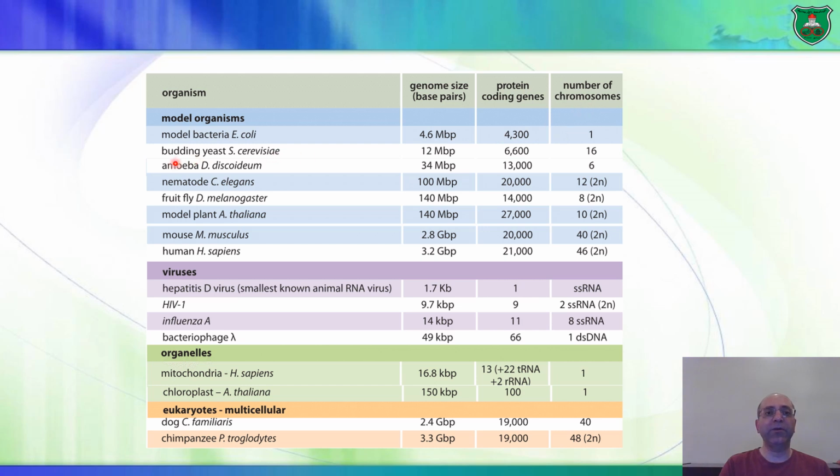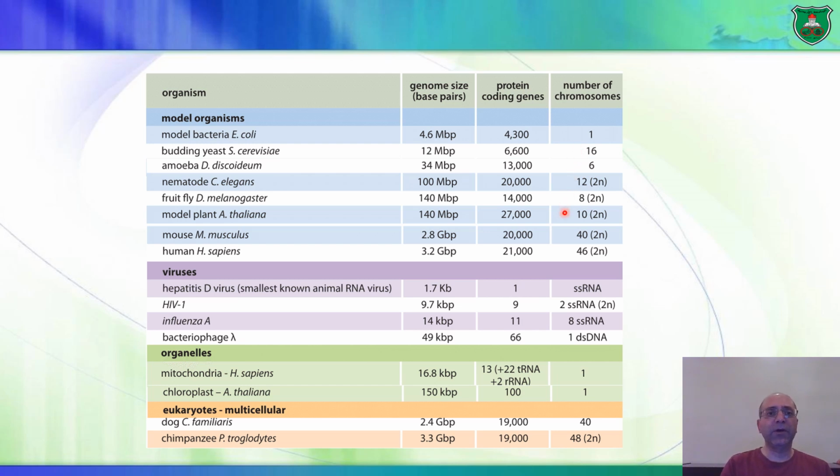So you can compare this with the yeast model system. There are 16 chromosomes and about 6,600 genes. Compare this to the fruit fly, for example. There are 8 chromosomes, even though it is more complex than yeast, but yeast has more chromosomes than the fruit fly.